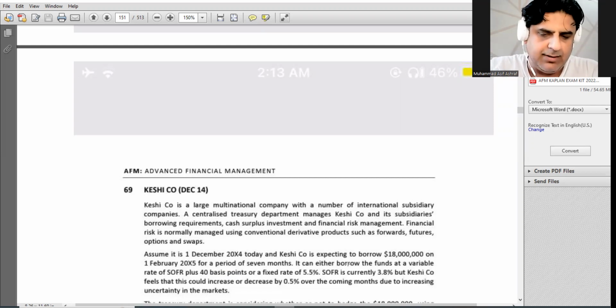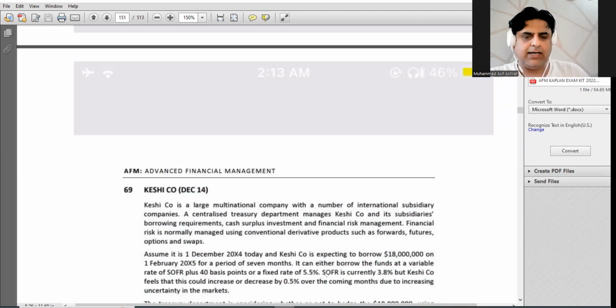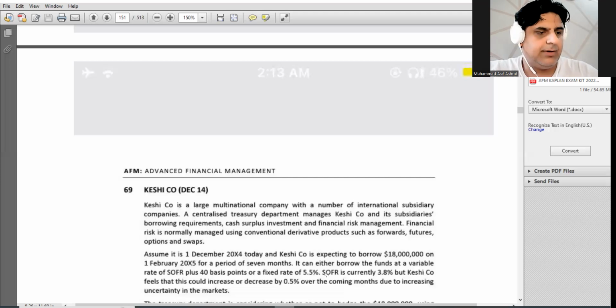If you read the second paragraph, the company can borrow the fund at a fixed rate of 5.5%, or it can borrow at a variable rate of SOFR plus 40 basis points. SOFR is the floating rate. Floating rate means the borrowing rate, okay?